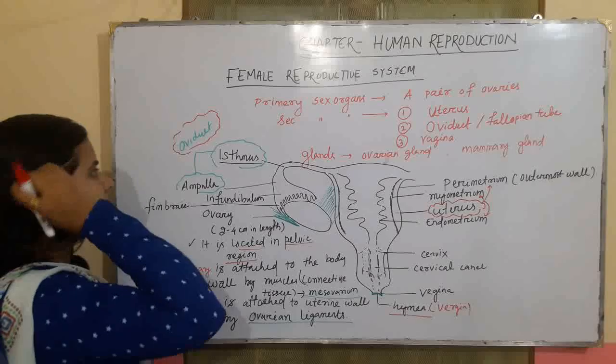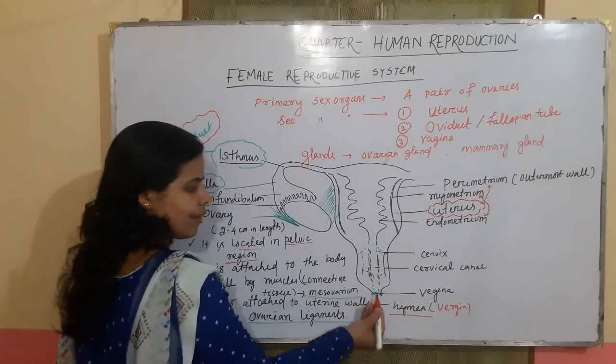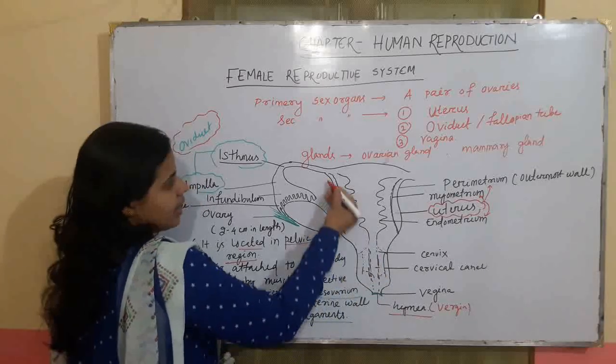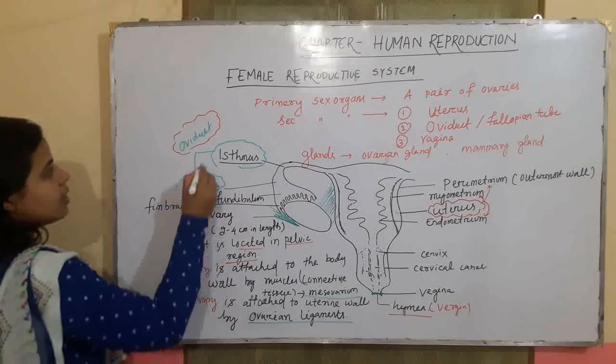Remember one thing: the sperm enter through the vagina, and they have to reach the ampulla-isthmus junction.